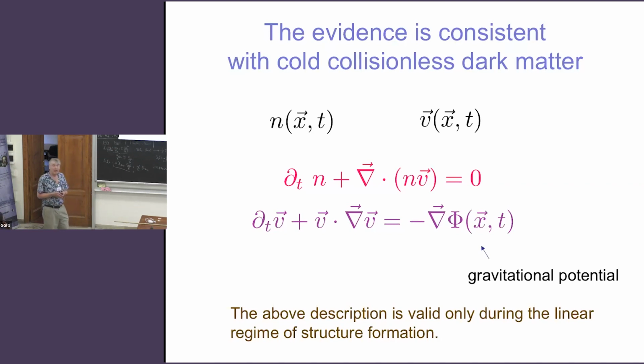As far as the CMBR is concerned, and this is why I showed the picture, when you look at the calculations, you assign to the dark matter a density and a velocity field.